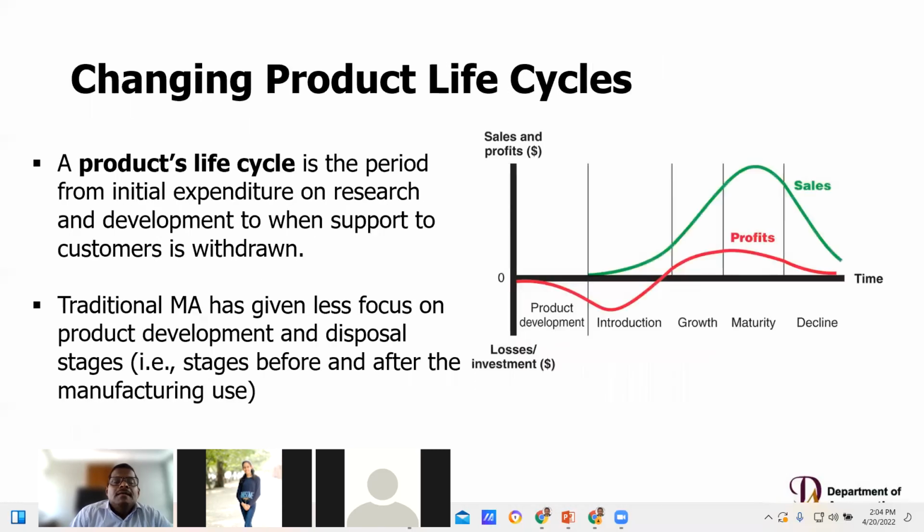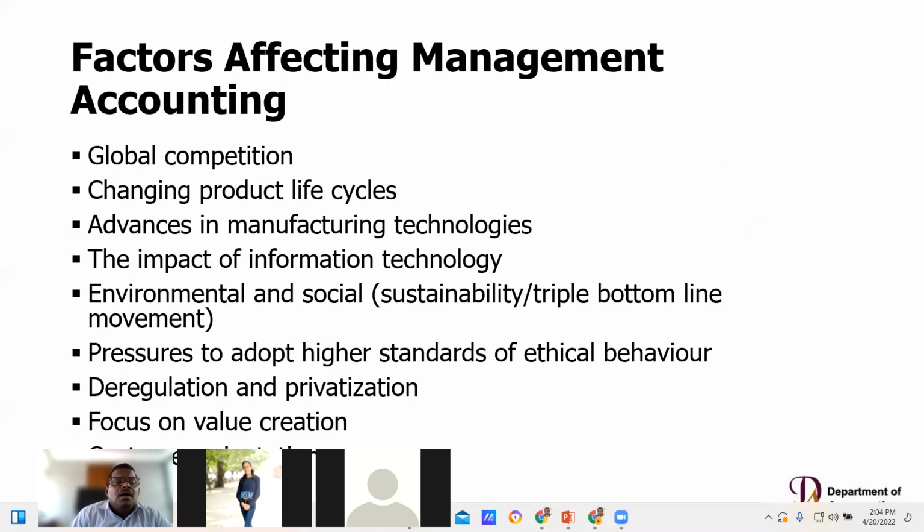Okay. Then we will look at global competition. You can understand when global competition is growing, for example, when a particular supplier is producing at a low cost, low price, of course, we have to produce the same item at a low price.